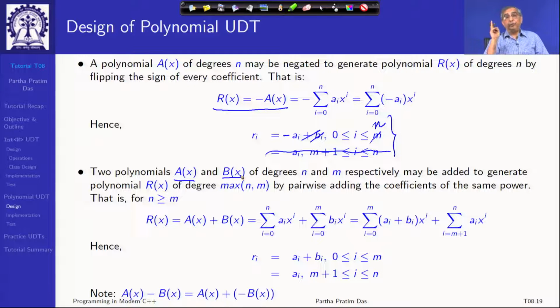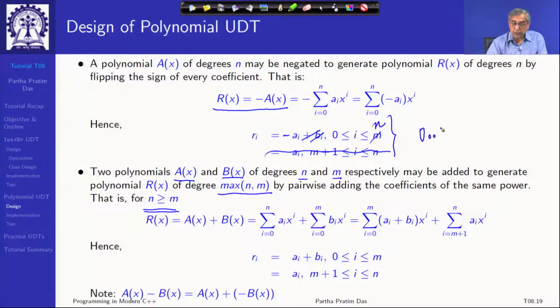Also, if I have two polynomials, I can add them. Now, two polynomials have degree n and m. Since they have degree n and m, it is possible that they are unequal. So, the resulting polynomial naturally will have a degree which is the larger of these two, which is max of n, m. So, in the max of n, m, let us say if we take that n is greater, m is less.